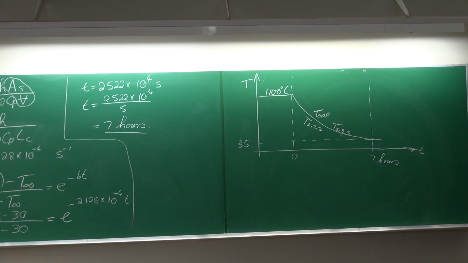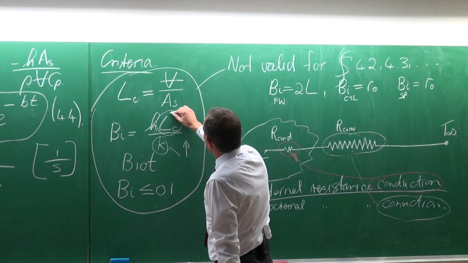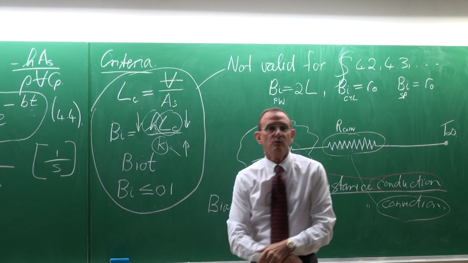And normally that type of approach would give excellent results for bodies which are very, very small. That is, small size, so k is very high, and the heat transfer coefficient very small.